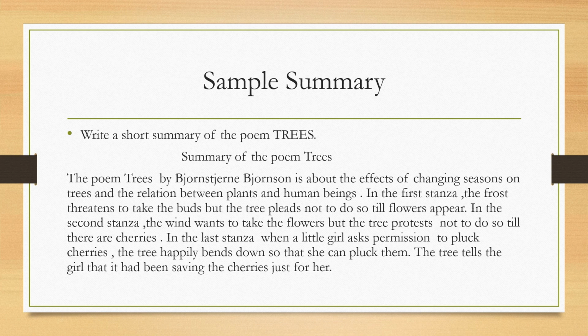Then in the second sentence, we talk about what happens in the first stanza. Then the third sentence talks about what happens in the second stanza. And then the fourth sentence talks about what happens in the last stanza. And then we sum it up all by saying that the tree tells the girl that it had been saving the cherries just for her.